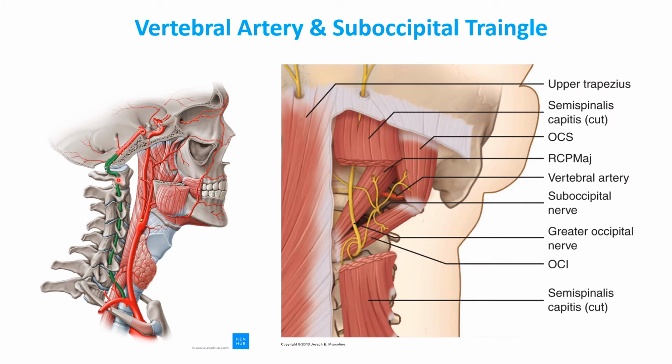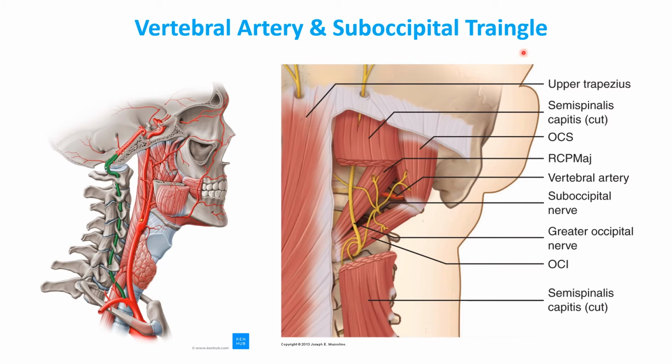Now when it exits from the foramen transversarium of the atlas, it's lying below the occipital bone. This part, which is present between the occipital bone and the atlas, is the third part, and this part of the artery lies in an area which is known as the suboccipital triangle.